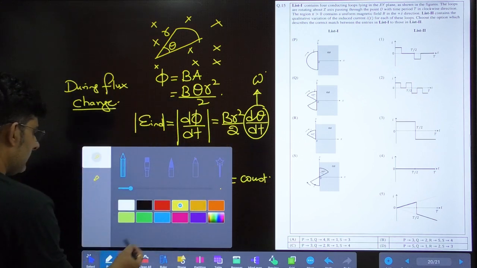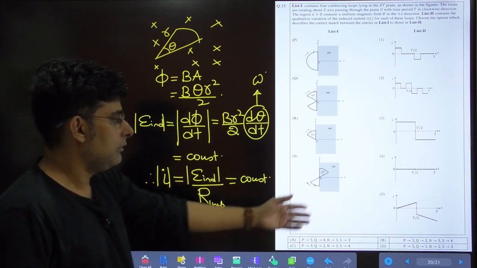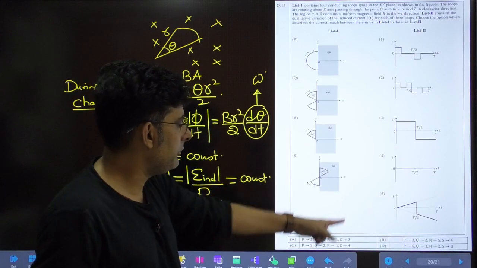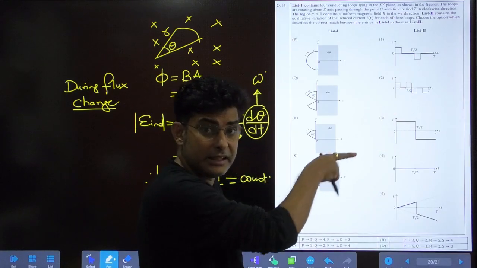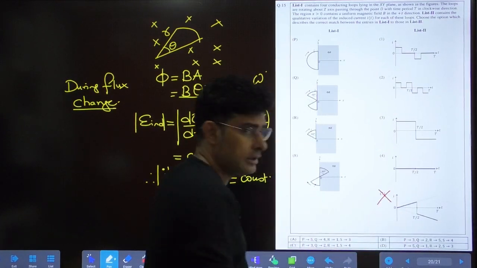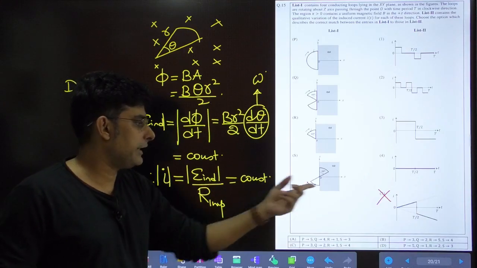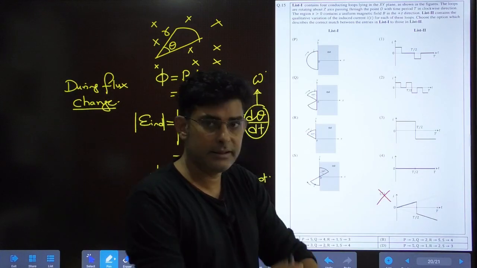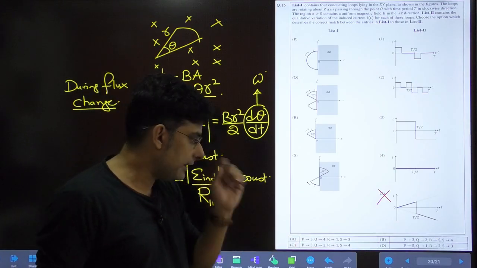Once we know this, I can simply rule out the option which is not possible. Which one is not possible? The fifth one. You can see here the current is changing, increasing or decreasing. Not possible. It can either be 0 or a non-zero constant. It cannot be increasing or decreasing like this. So the fifth one is not possible. Now you see why I said this is hitting a jackpot.